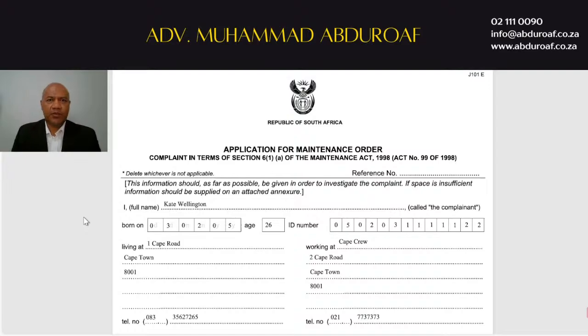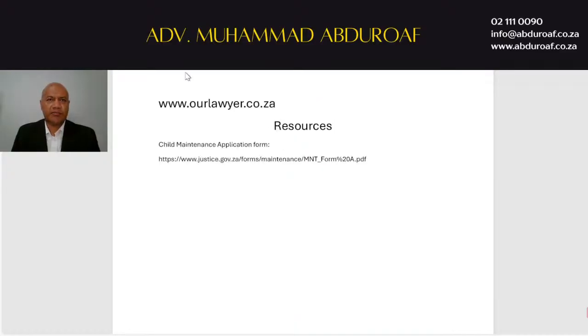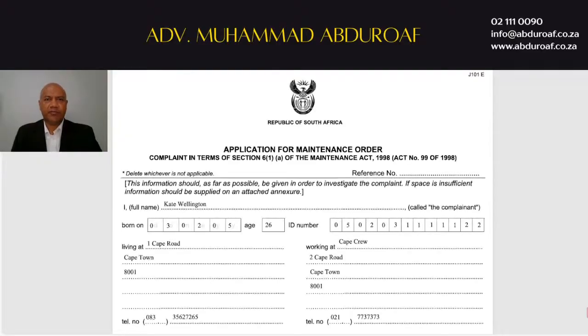On the screen, you will see an application for maintenance order, complaint in terms of Section 61A of the Maintenance Act. This form is obtainable from the government website in front of your screen, and after you have downloaded the form, you obviously have to complete it and take it to the maintenance court.